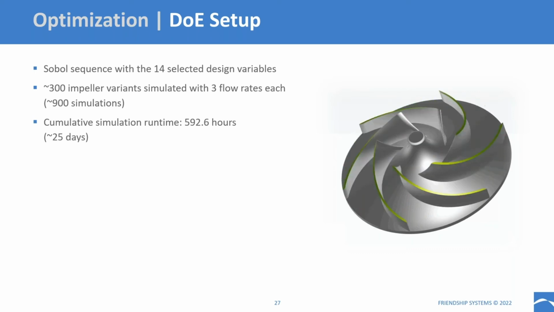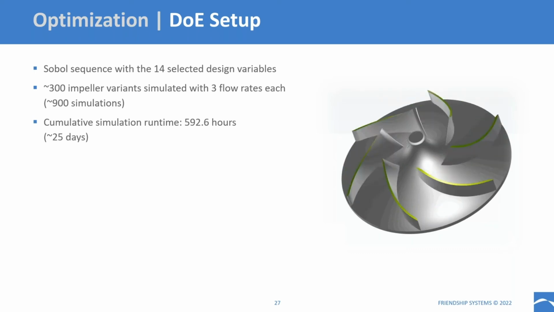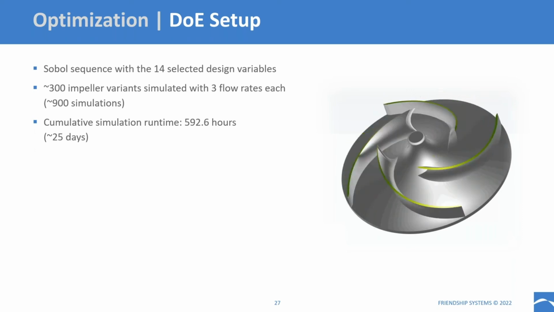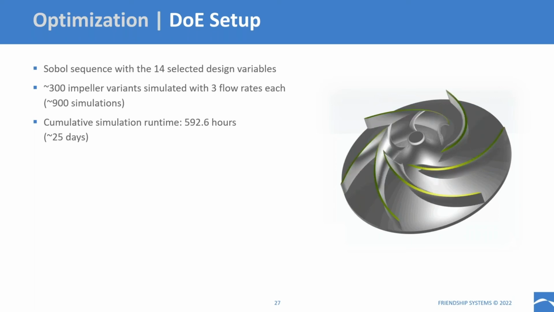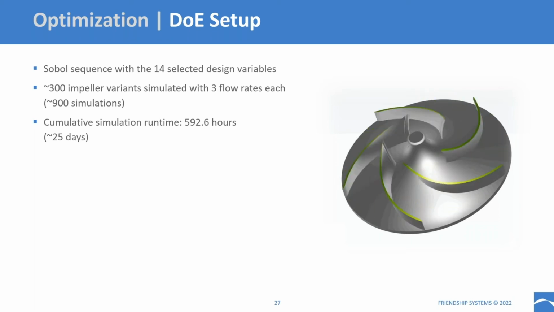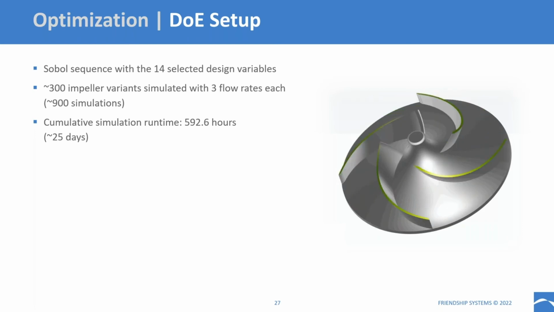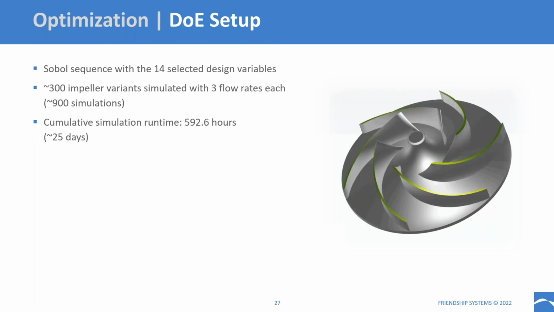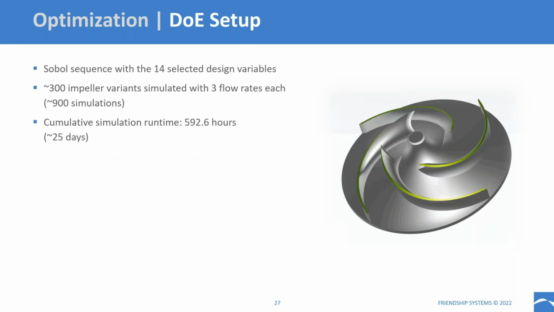If we would have run all these 900 simulations back to back, sequentially, one after the other, then the cumulative runtime would have been almost 600 hours, so about 25 days, which of course is unthinkable, not really something that you would want to do.